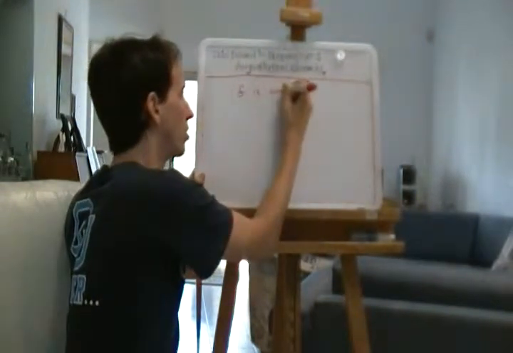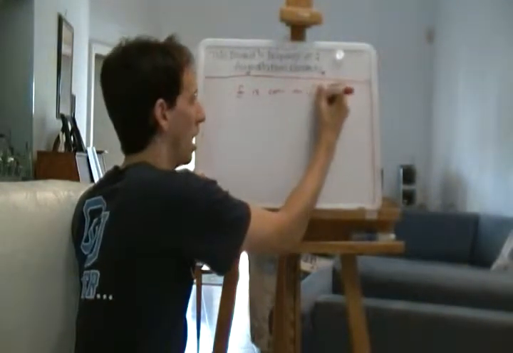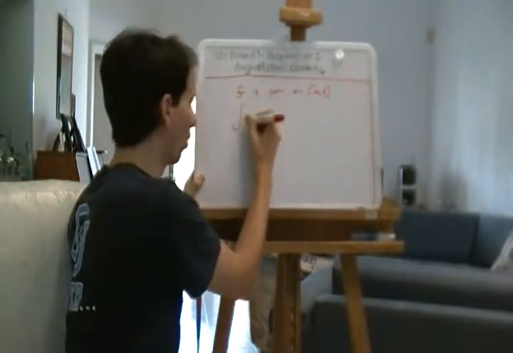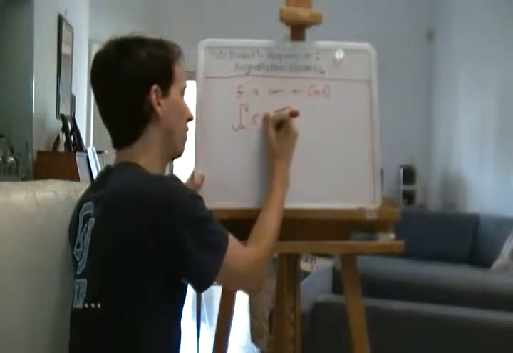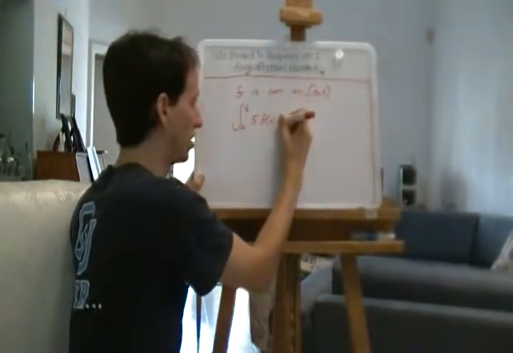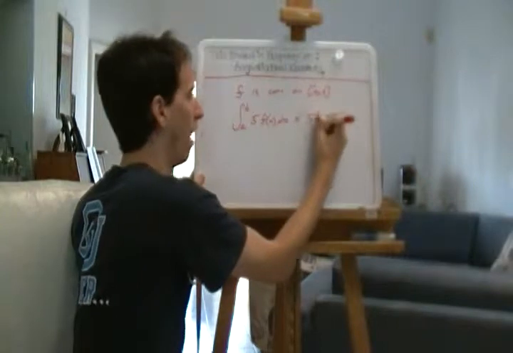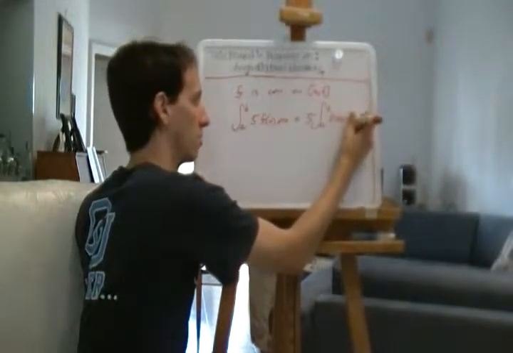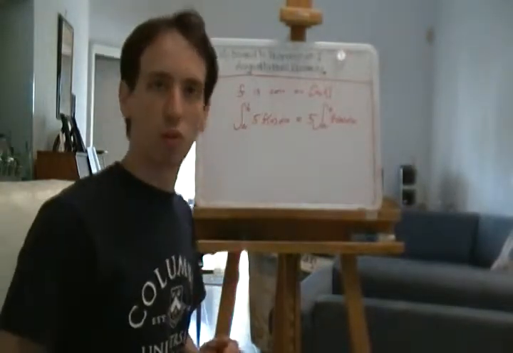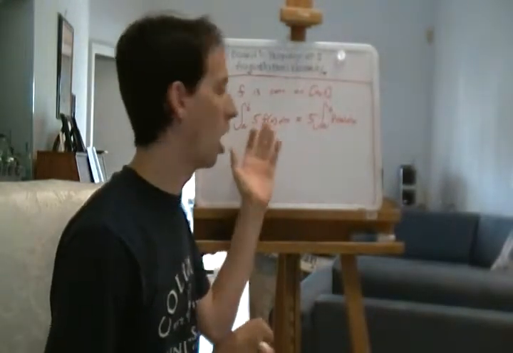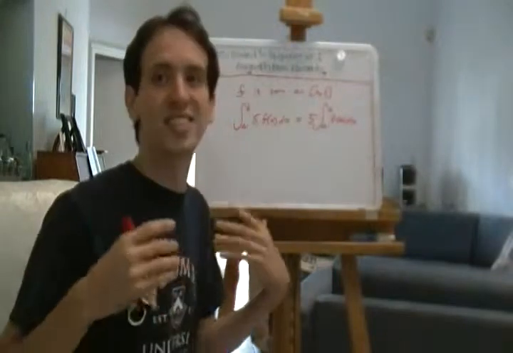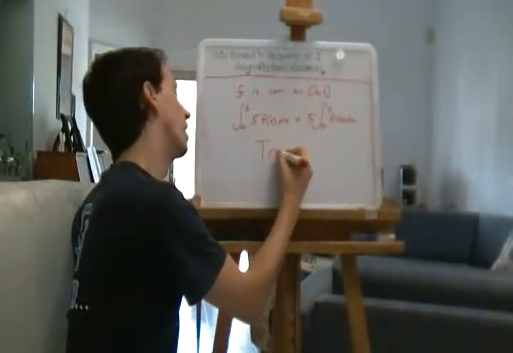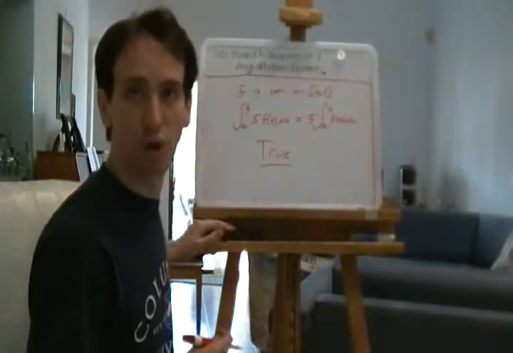F is continuous on [a, b]. Now, if you remember the rules of constants multiplying limits, and therefore constants times integrals, you'd realize very quickly that this answer is true.